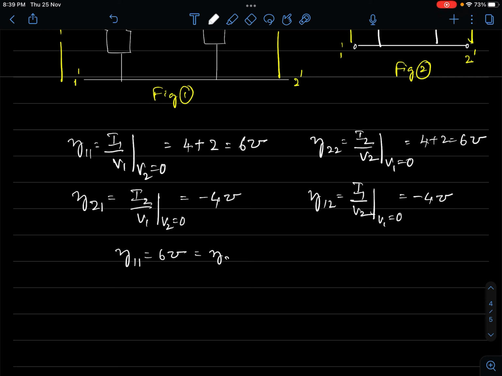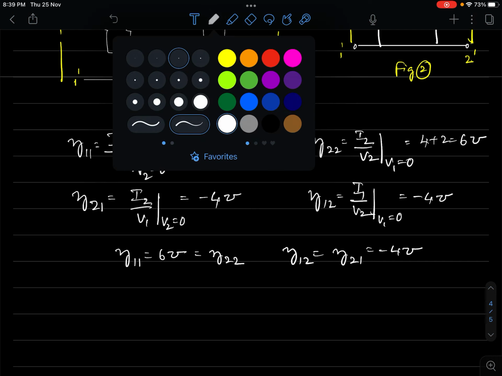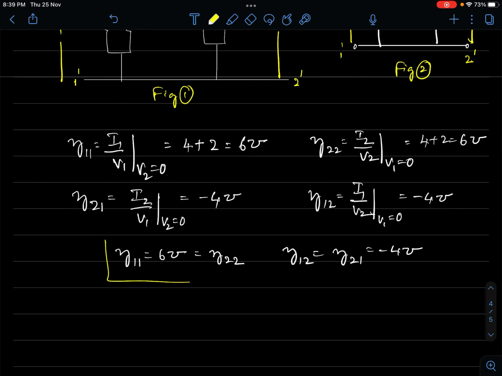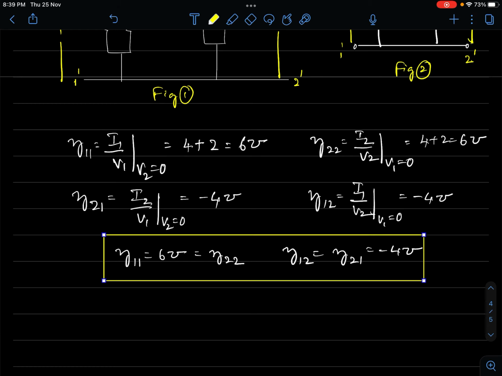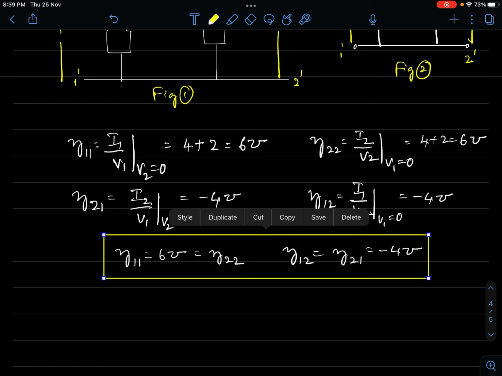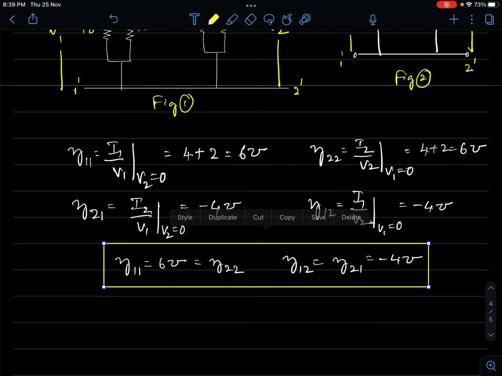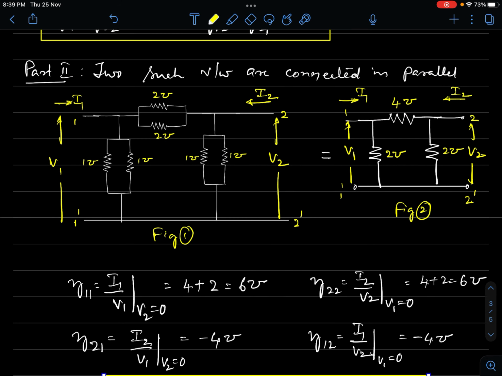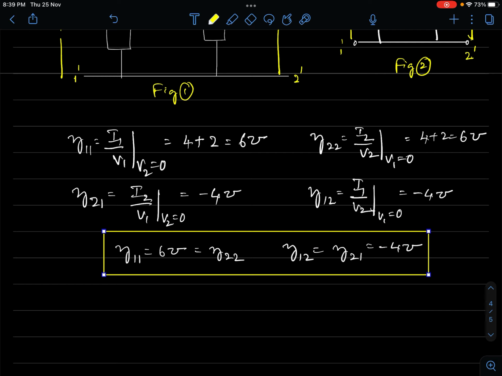Y11 equals Y22 equals 6, and Y12 equals Y21 equals minus 4 mhos. If two identical networks are connected in parallel, this would be the resultant Y parameters.